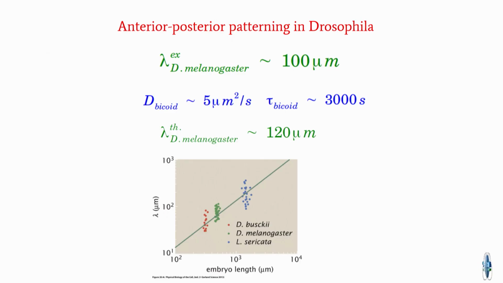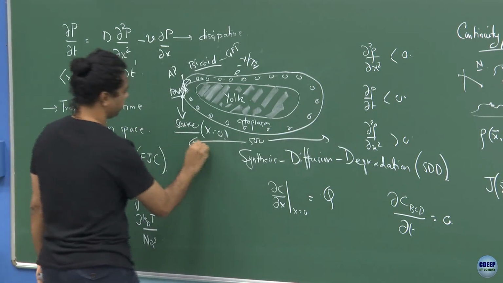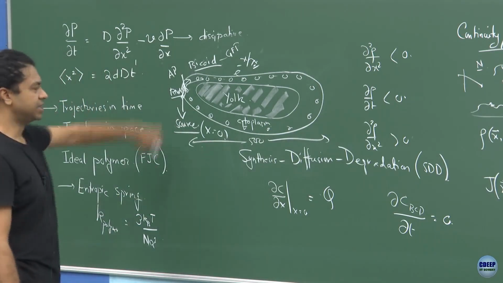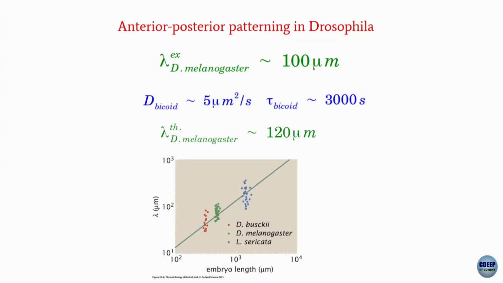I forgot to say this embryo is of the order of roughly around 500 microns for the one species, Drosophila melanogaster. So, it turns out that this length scale lambda is of the order of 100 microns, and you can check whether the numbers match up. One can measure diffusion coefficients of proteins or other molecules inside the cell.